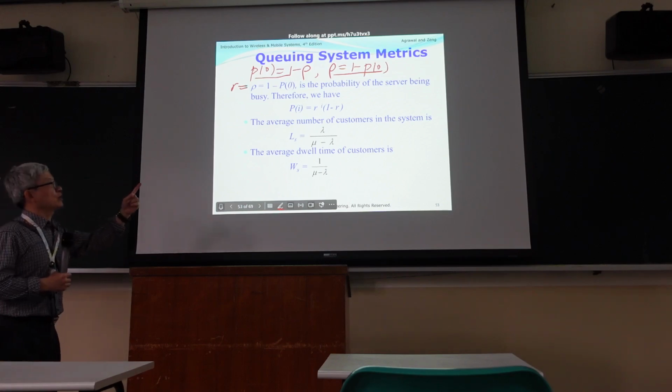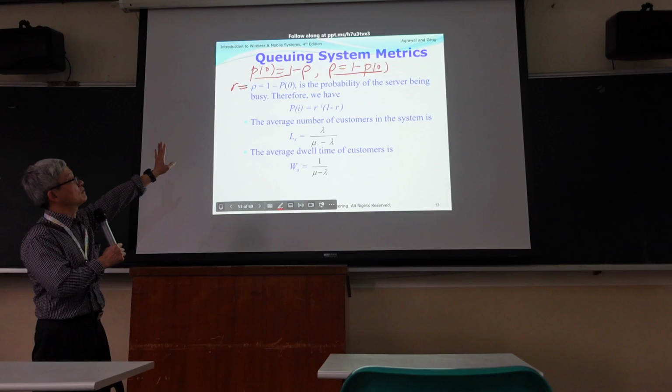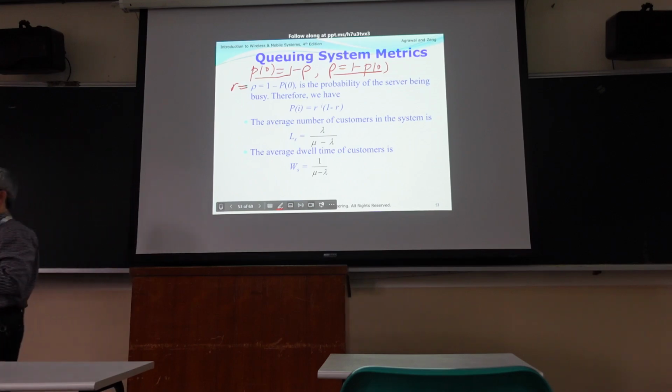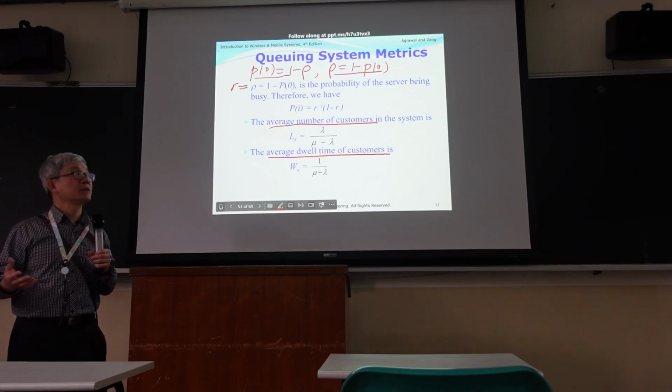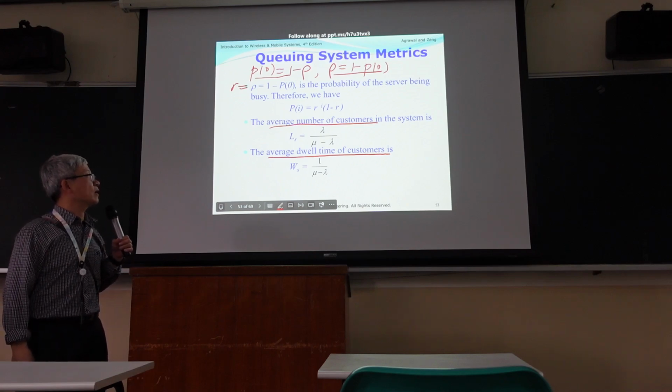Actually, first equation, P of I, or maybe previous equation, rho, or P of 0, or later we have the performance metric. We want to derive this: the number of customers in the system. We have the formula, and the average time of a customer.